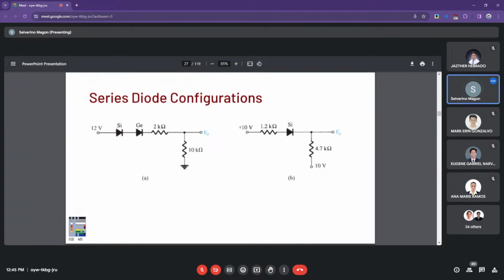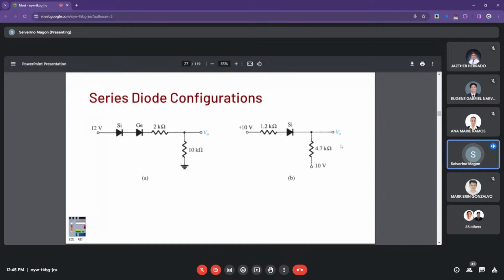Similarly, oh sorry, 9 volts for the voltage across this one. Current is not required, but if you are to divide it by 10k, then you have 0.9 milliamps or 900 microamps.